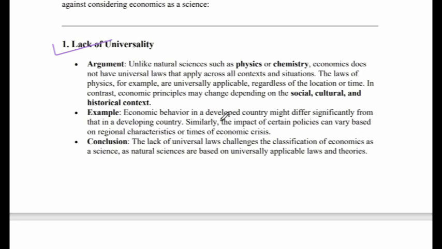Economic behavior in a developed country might differ significantly from that in a developing country. Similarly, the impact of certain policies can vary based on regional characteristics or times of economic crisis. The lack of universal law challenges the classification of economics as a science, as natural sciences are based on universally applicable laws and theories.